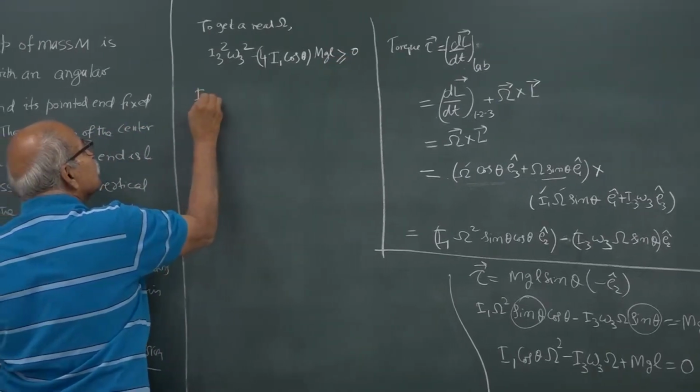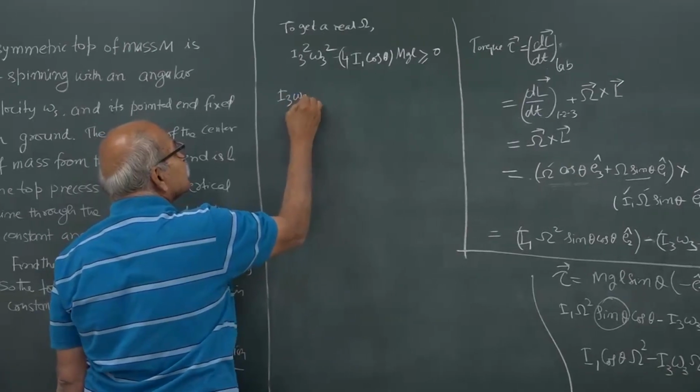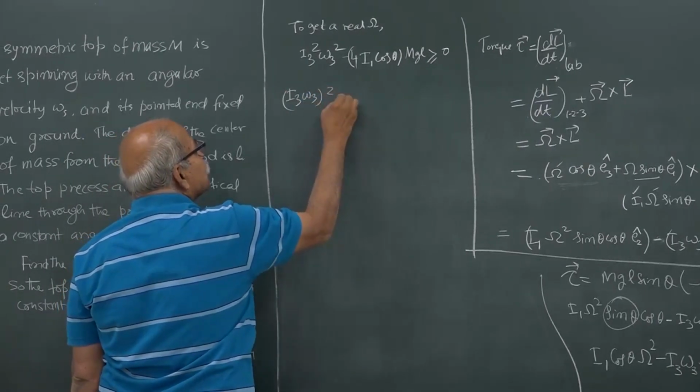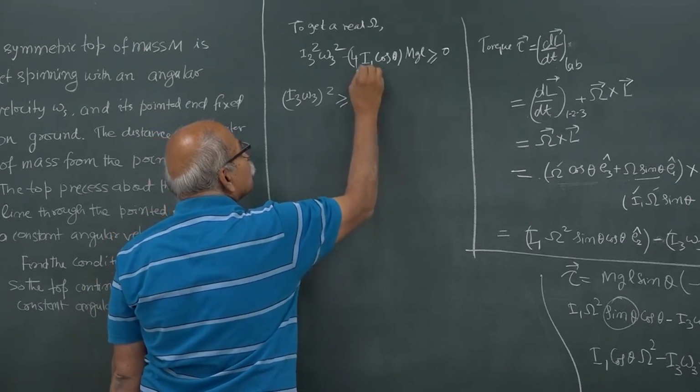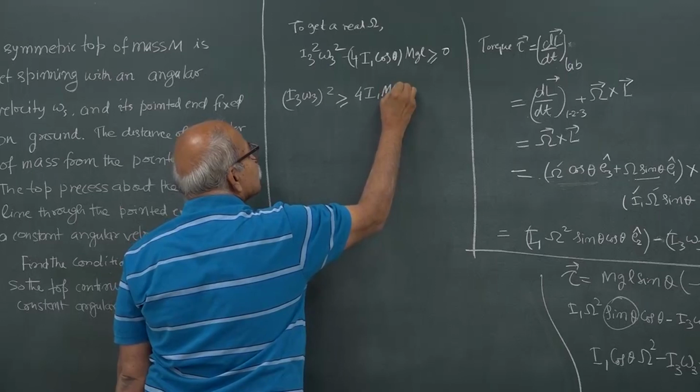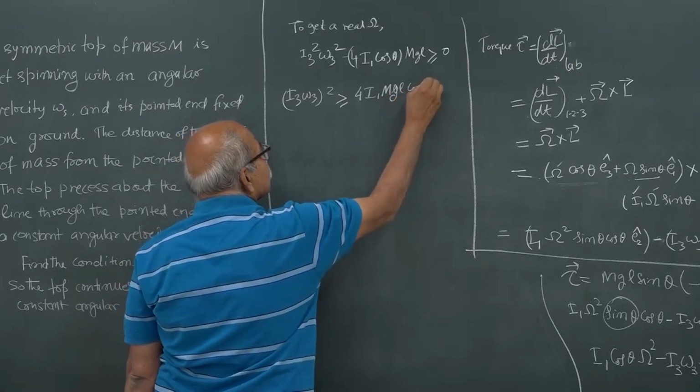So, I3 omega 3 square should be greater than or equal to 4 I1 mgL cos theta.